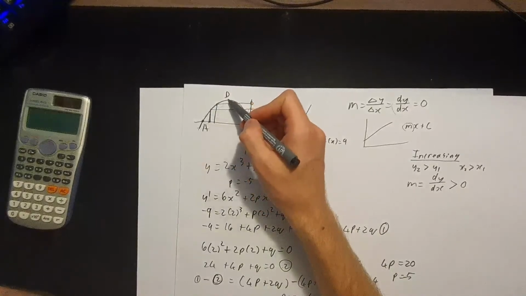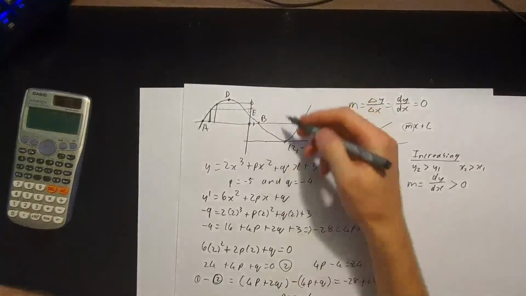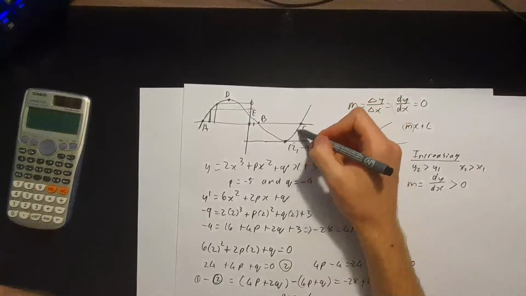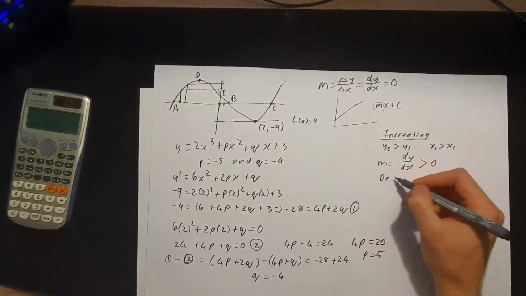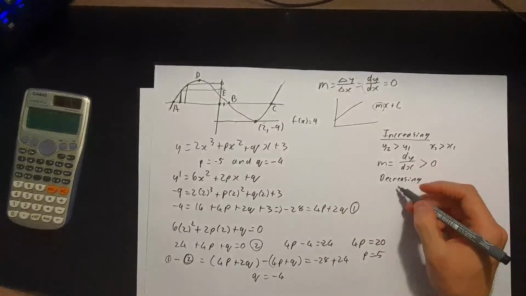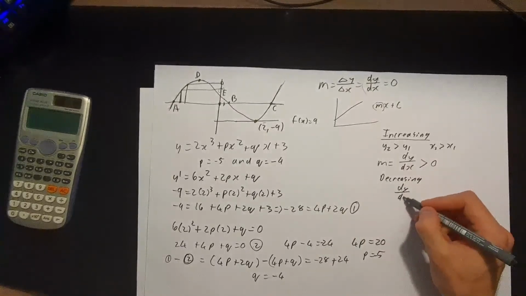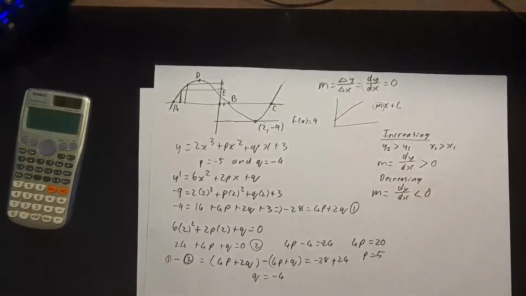So the function's increasing here up until that point, then it decreases all the way to this point over here, and then it increases again over there. So decreasing is when my derivative dy dx is less than 0, which means my gradient is negative.